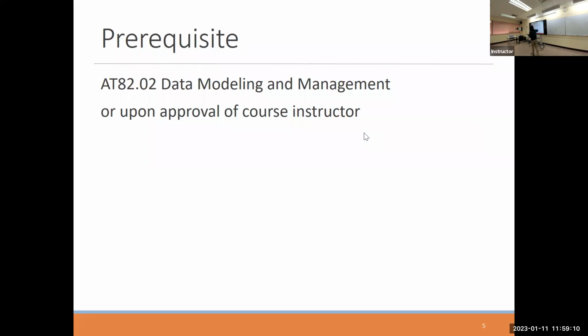Okay, this course has a prerequisite course, but it should be fine if you are new students and you haven't passed the prerequisite course, which is usually offered in the previous semester, that is the August semester. So in case you have no background at all related to data modeling, data management, especially something like relational database design, maybe you should inform me so that we can discuss some alternatives, such as self-study of some material.